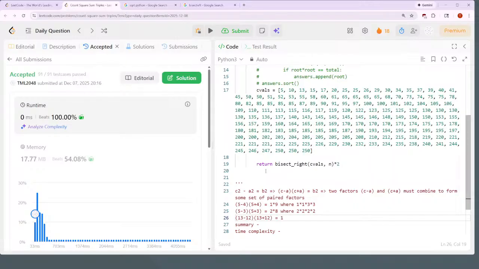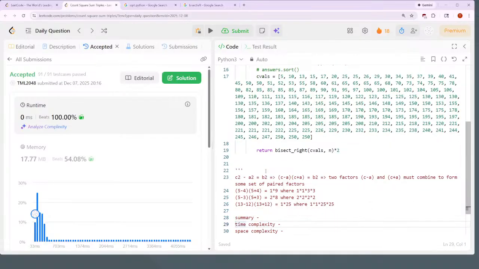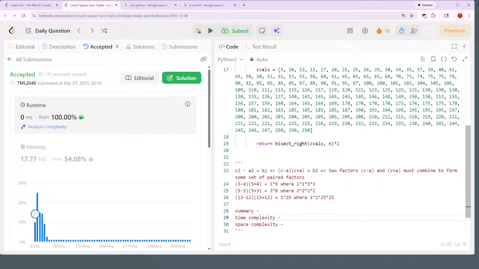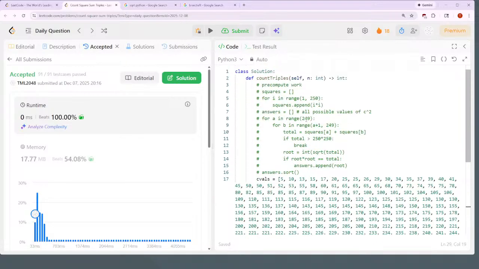So it'd be 1 times 25, where you're doing 1 times 1 times 25 times 25. So it'd be 5 squared, 12 squared, and 13 squared are the triplets. So anyways, there's some algebraic stuff like that, and maybe some other ways as well to find the triplets without having to do this brute force thing.